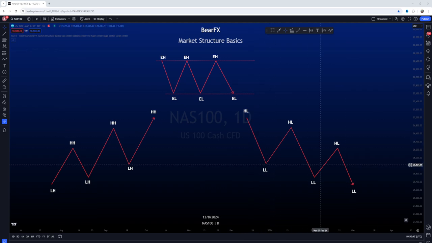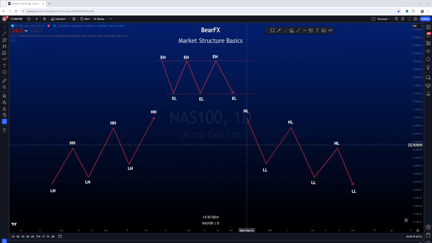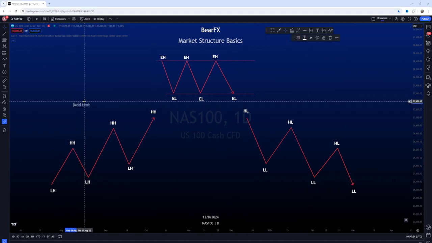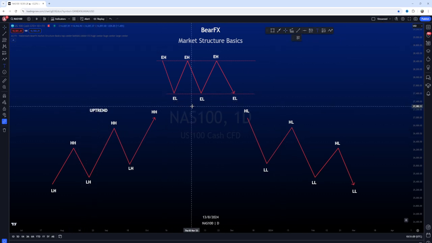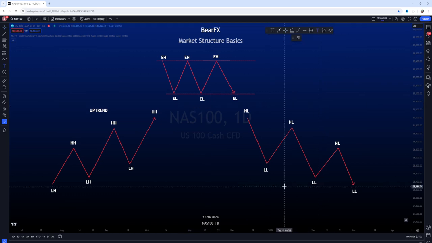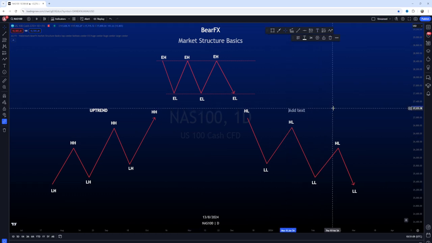Okay, so now there are three types of market structure. There's uptrend, which is this one here, ranging, which is the middle one, and downtrend. Don't know why my ranging disappeared there.